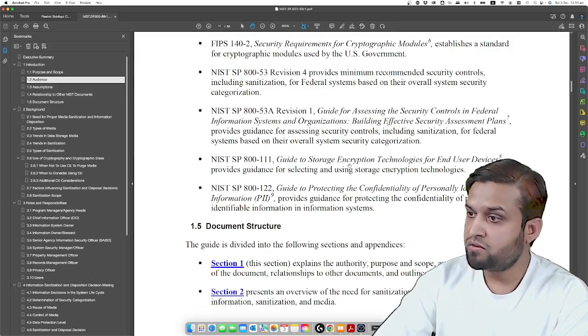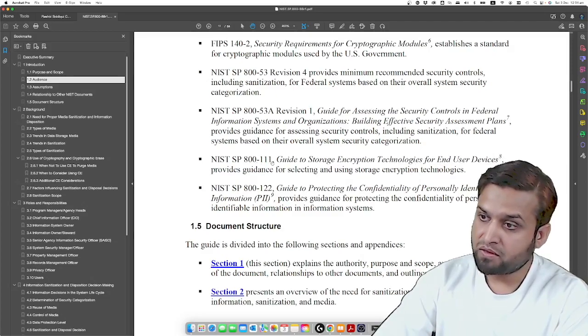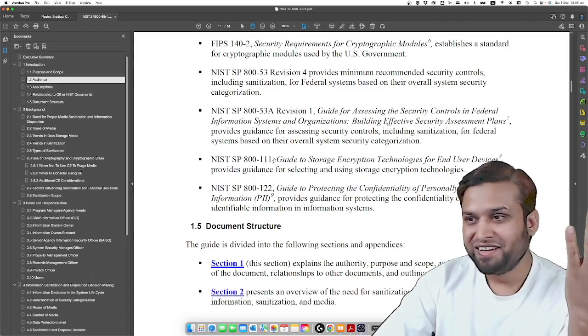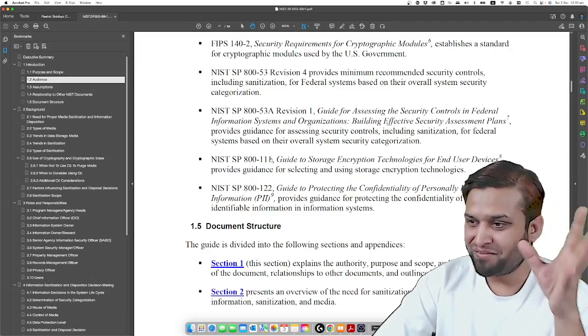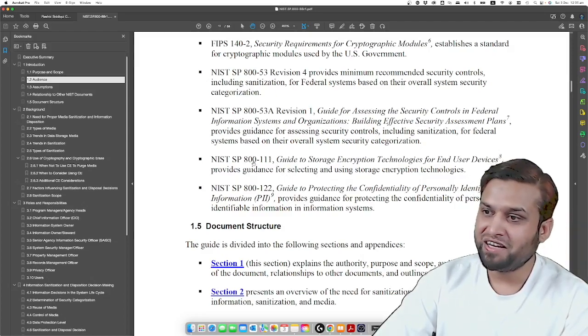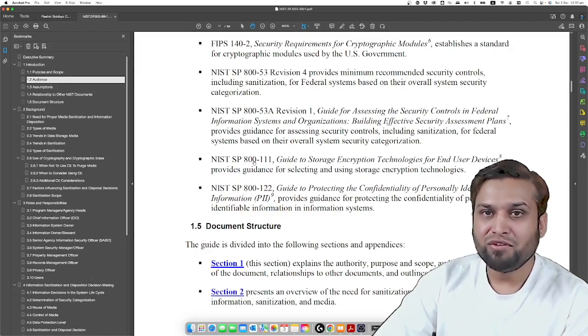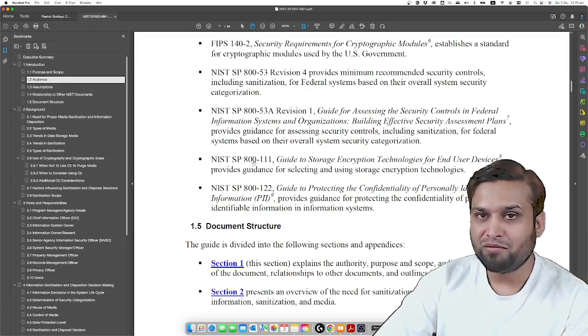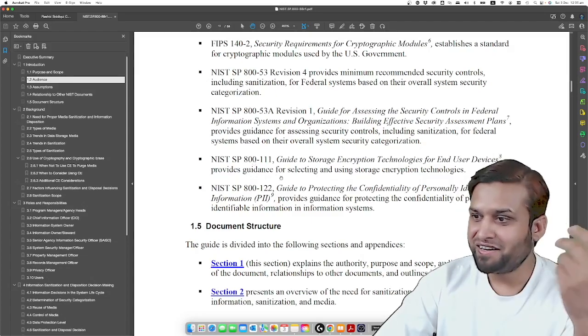800-111 is a guide to storage encryption technologies for end user devices. So 111 is for end user devices, right? You can form some sort of image for that, just to have this in mind. Again, it's not going to be asked in your exam what this 111 is, but if you know it, it's good to have this information to sound more intelligent in discussions.